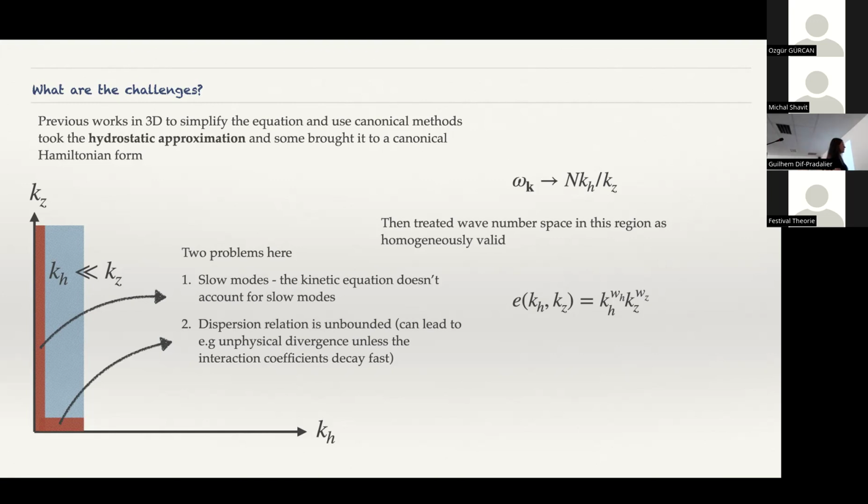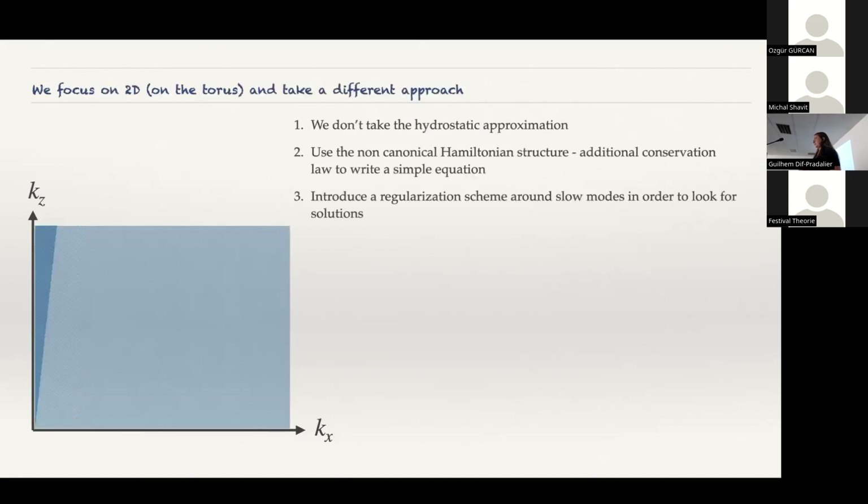We're not going to assume this a priori. We will see afterwards that our solution does give us concentration along the slow modes. But we're not going to take this approximation.